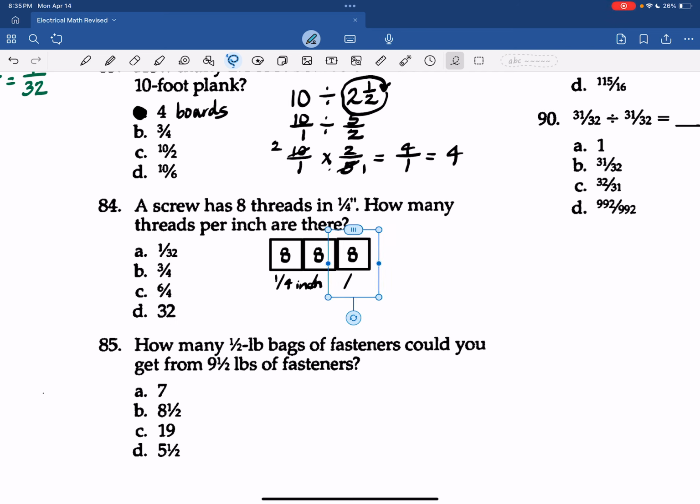Be careful. You have to really understand what they're asking us to do. If one of those is 1/4 of an inch, this is the whole inch right here. And how many threads are there? There are 32. That one almost got me.